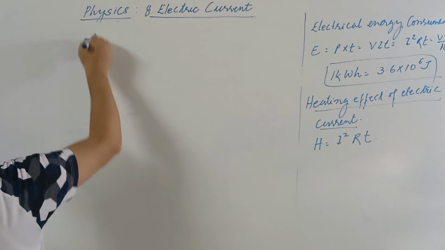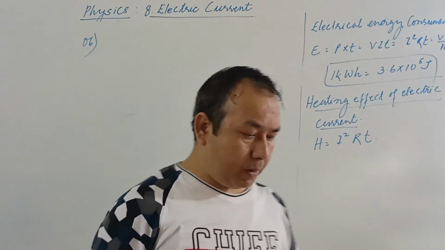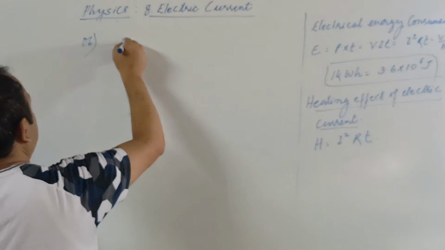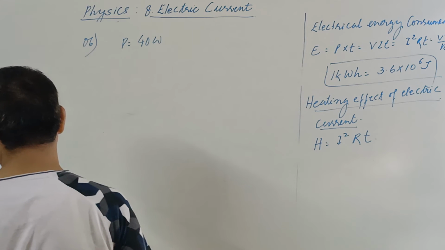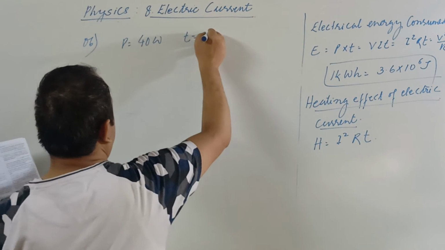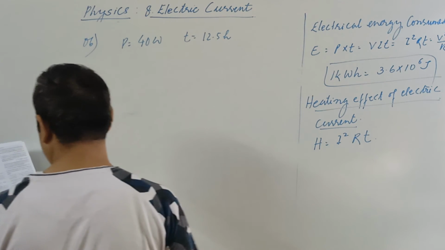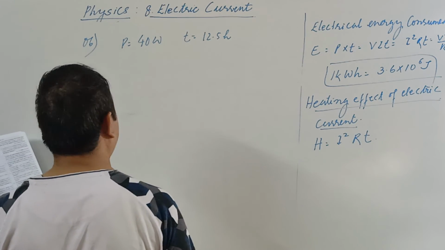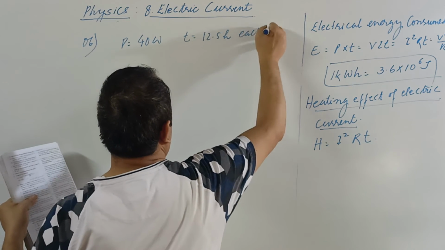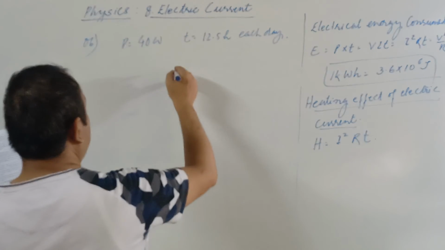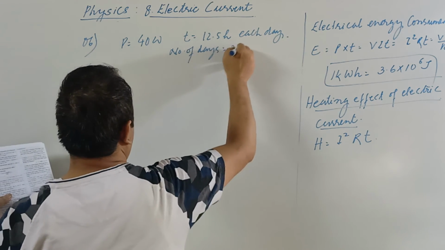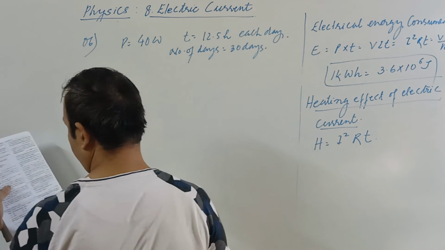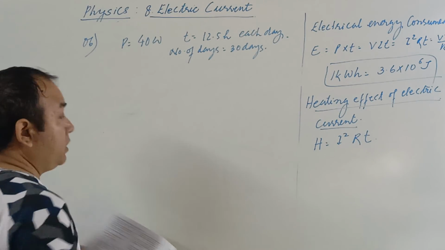In question number 6, it is given a bulb of power 40 watt is used for 12.5 hour each day, and the number of days is 30 days. We need to calculate the electrical energy consumed.